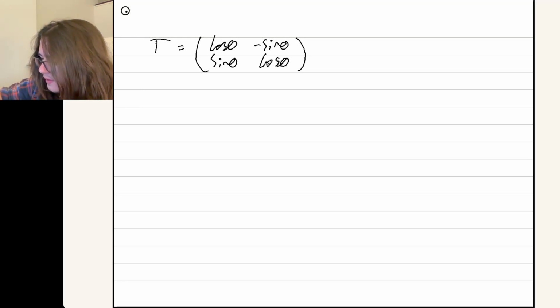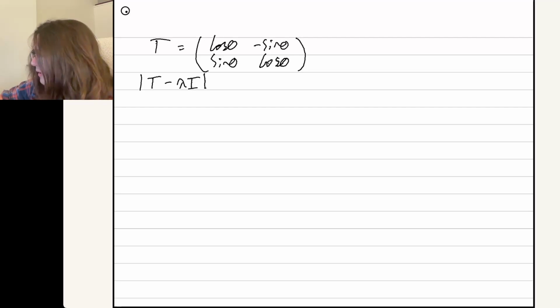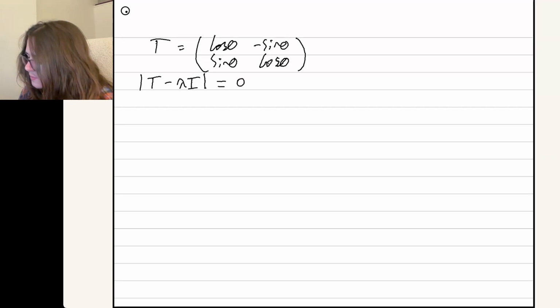The process for finding eigenvalues is you take the determinant of the matrix T minus lambda times the identity matrix and set that equal to 0.